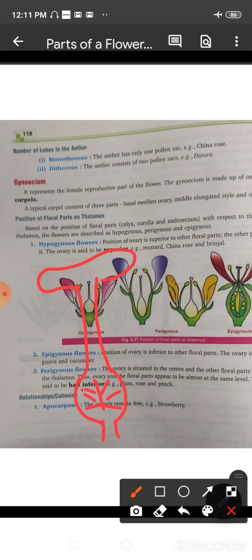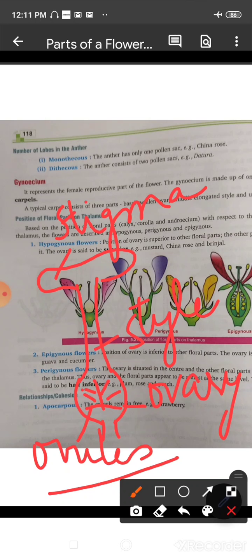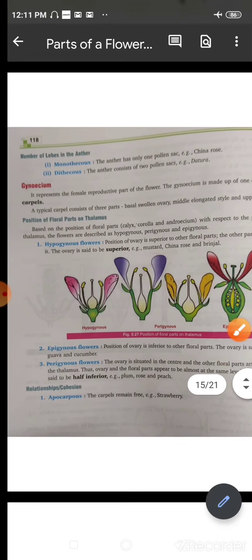So what is the carpel made up of? It is made up of stigma, style, and the basal swollen part is the ovary. Inside the ovary are found the ovules, right? So that's about the structure of the gynoecium or the carpel.